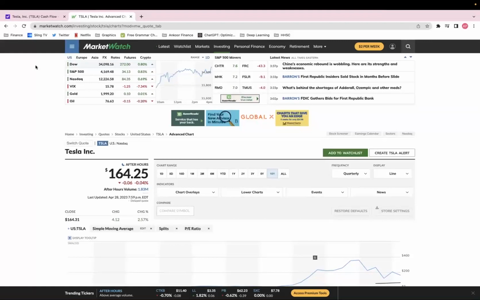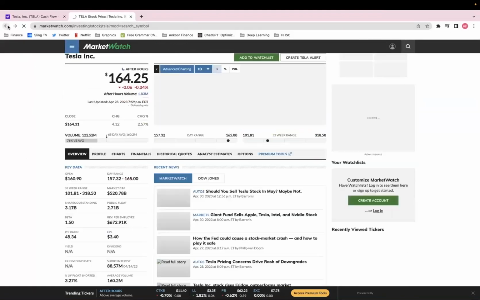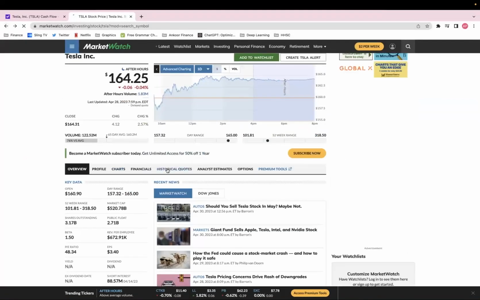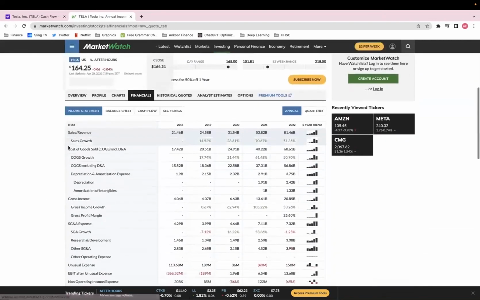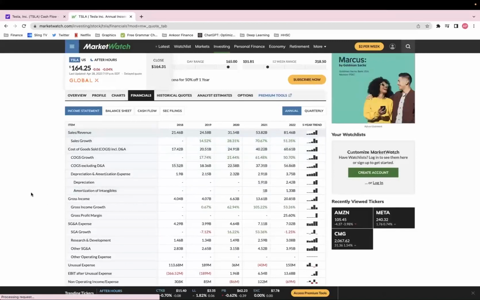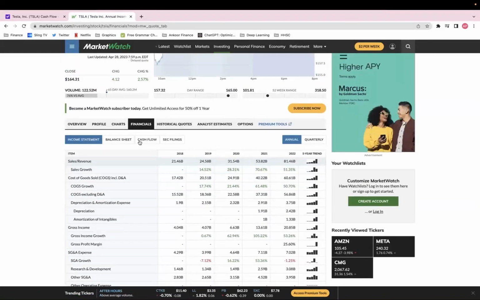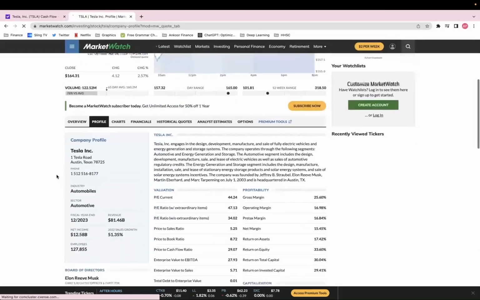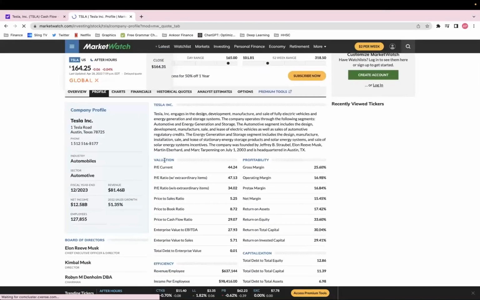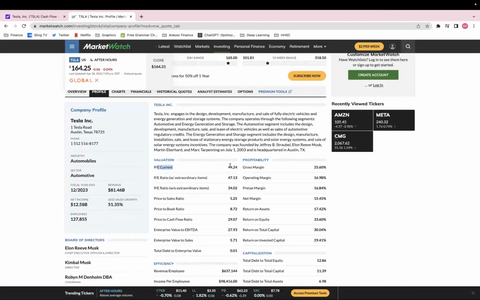If I go back to financials, it's the same data that we saw in Yahoo, but more organized. Profile. See all the ratios, valuation ratios, PE current 44. Net margin, this is the net income margin, 15 point something. This is the final money they get, what the company made.